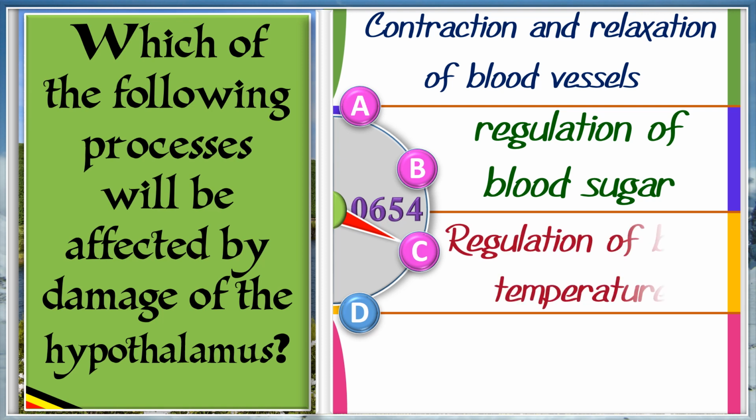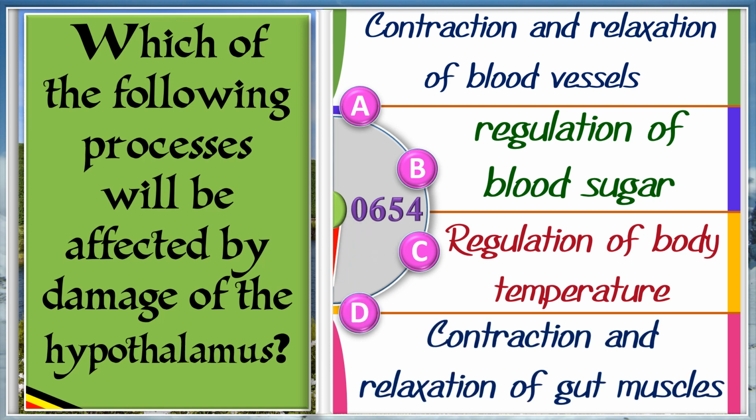C, regulation of body temperature. D, contraction and relaxation of the gut muscles. Answer is C, regulation of body temperature.